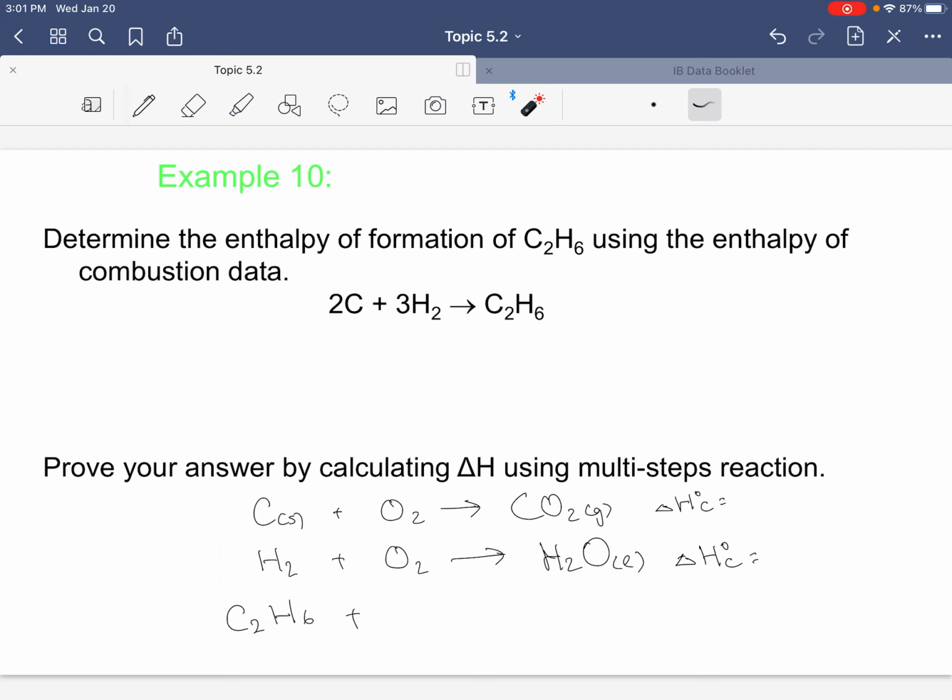It'll be different. So in order to use negative 286, don't balance it. Make sure there's no number here. Make sure this is always 1, just like with this, I want to make sure that this is 1 for me to use the delta H on section 13.